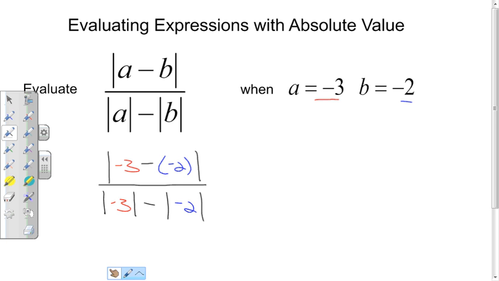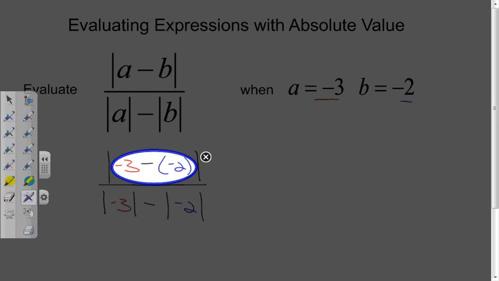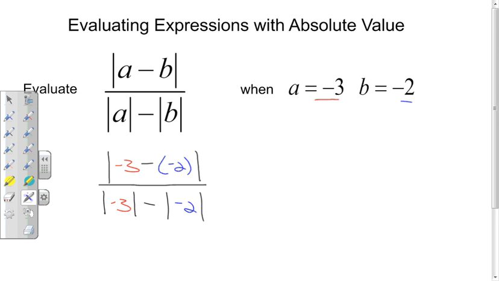So here, I will now simplify using the idea of PEMDAS, and the thing that should jump out at me quickly is that I have to simplify inside this set of absolute value bars in the numerator because I have to get absolute value down to one number before I do it.